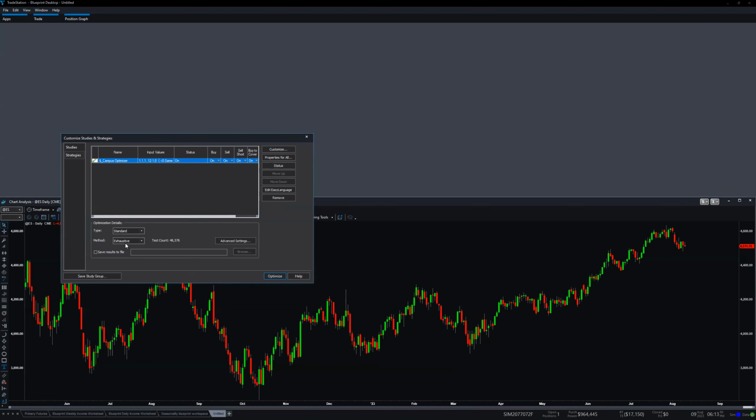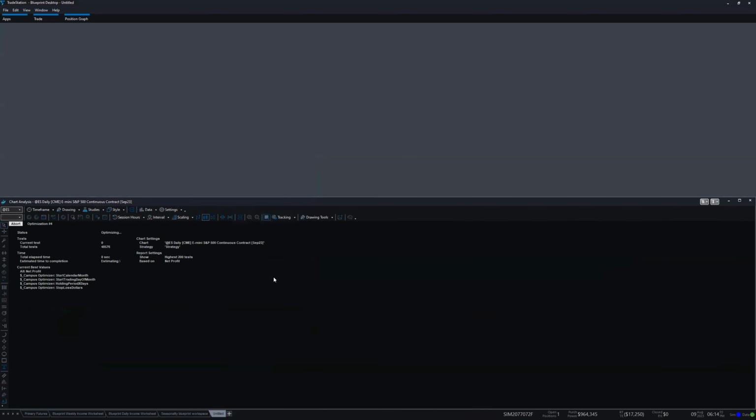I want to have an exhaustive count. So you can see the test count number here is 48,576. If you're doing that with me, you should get exactly the same number. So if I'm optimizing now, I'm getting just under 3 minutes for the computer to run and give me the best trades that I should definitely note down for the S&P 500, which is quite fast.